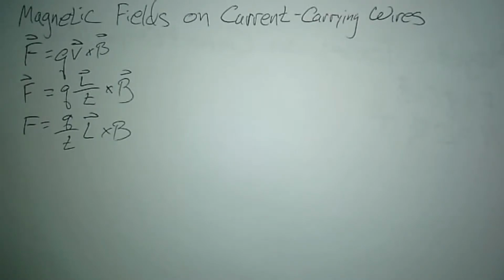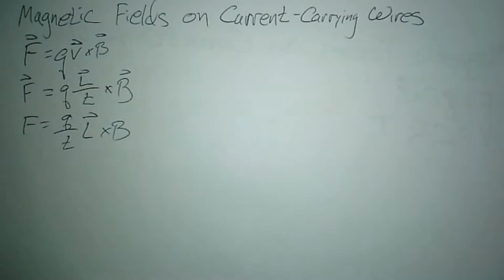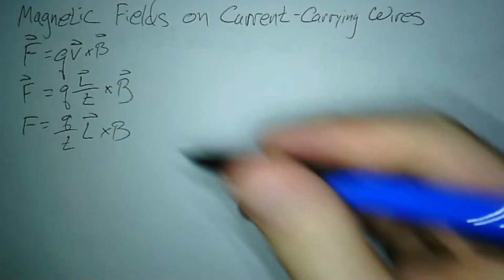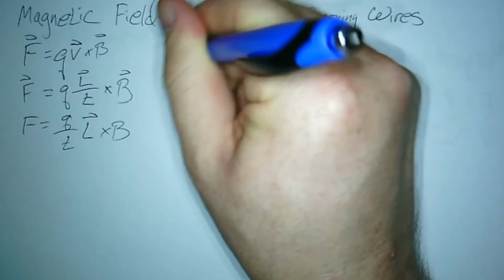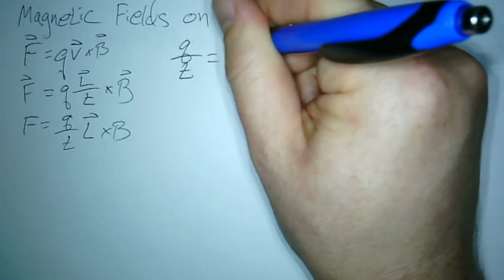Have you guys caught the magic of what I've done yet? What is charge over time? Or if charge is the thing flowing, right? So if we're looking at that, think back to circuits. Well, I know that Q over T, the charge over time, is going to be current.